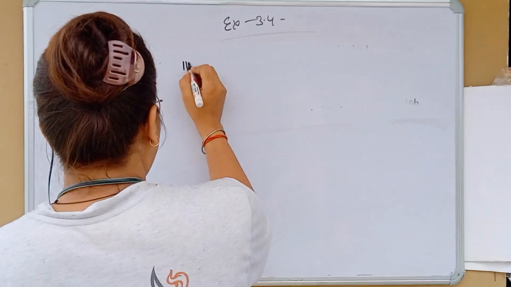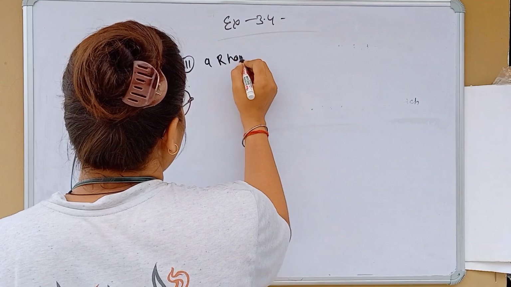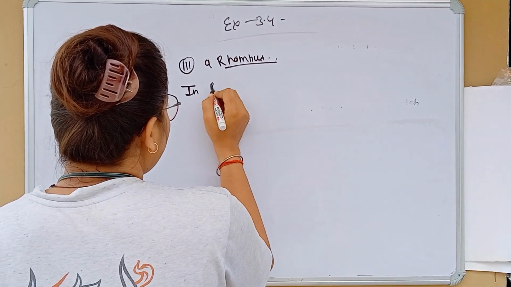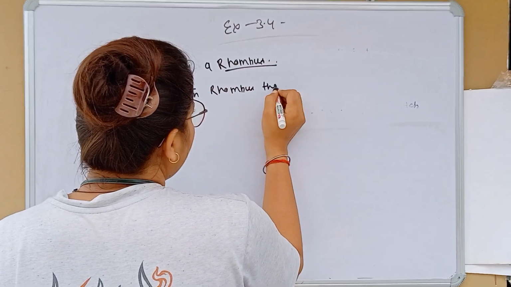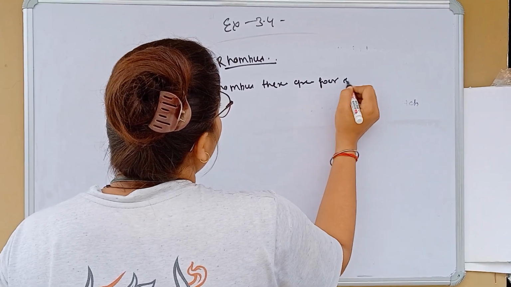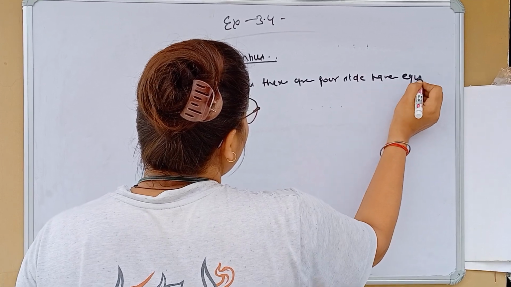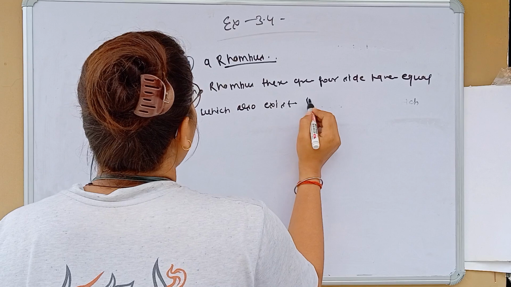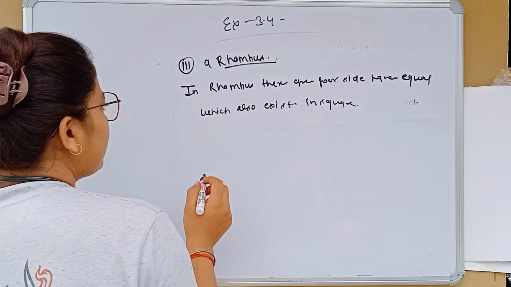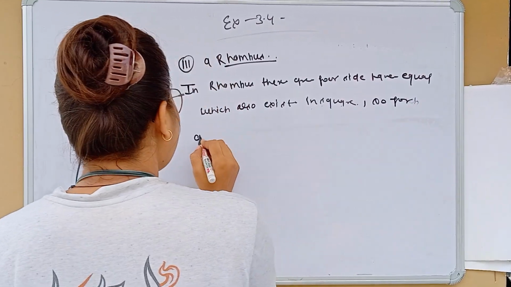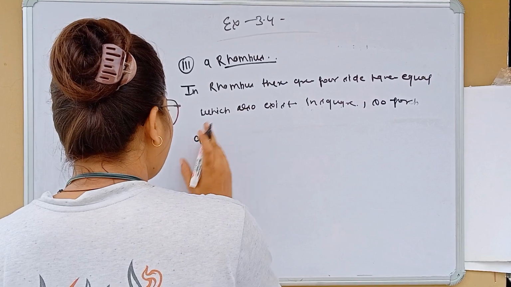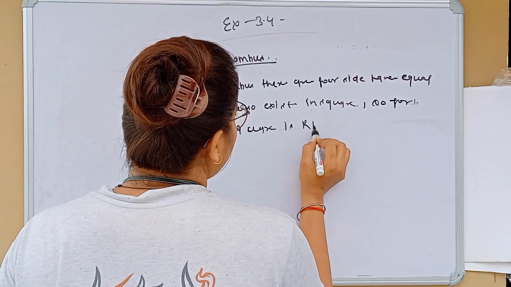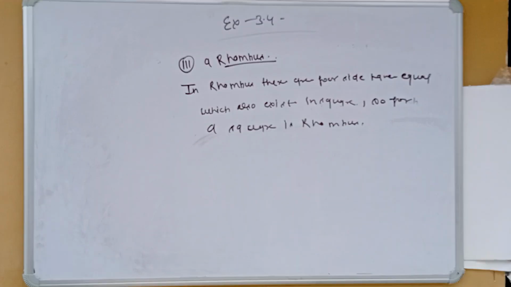So here write: a rhombus. What reason do we give? In a rhombus, all four sides are equal, which also exists in a square. So a square is a rhombus. Okay, you can write this reason.